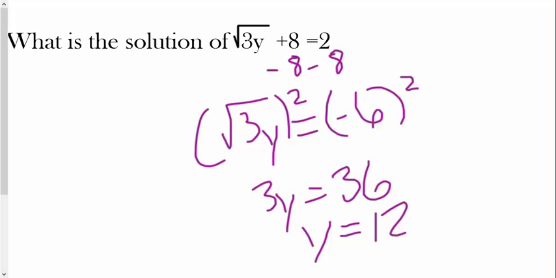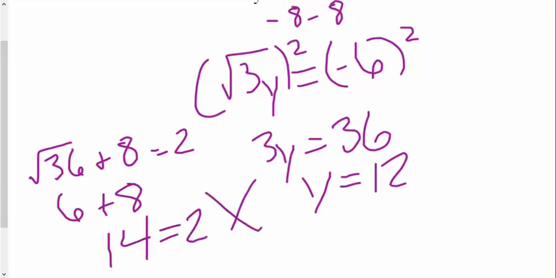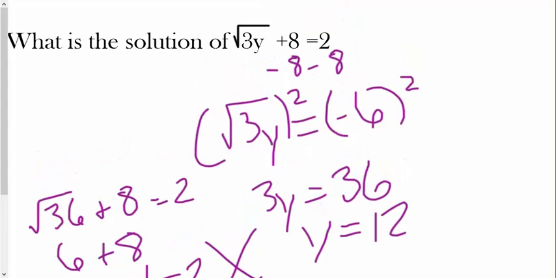Now, again, I always want to check, because if this were an extraneous solution, we need to know that. So I plug it back in, and I say the square root of 36 plus 8 equals 2. Well, the square root of 36 is 6, plus 8, that's 14. And 14 equals 2? No. So this one would actually be one with no solutions.